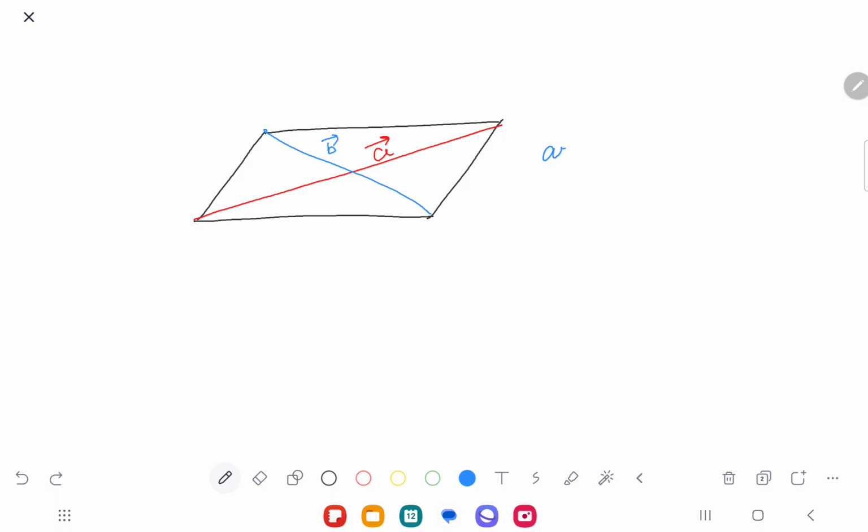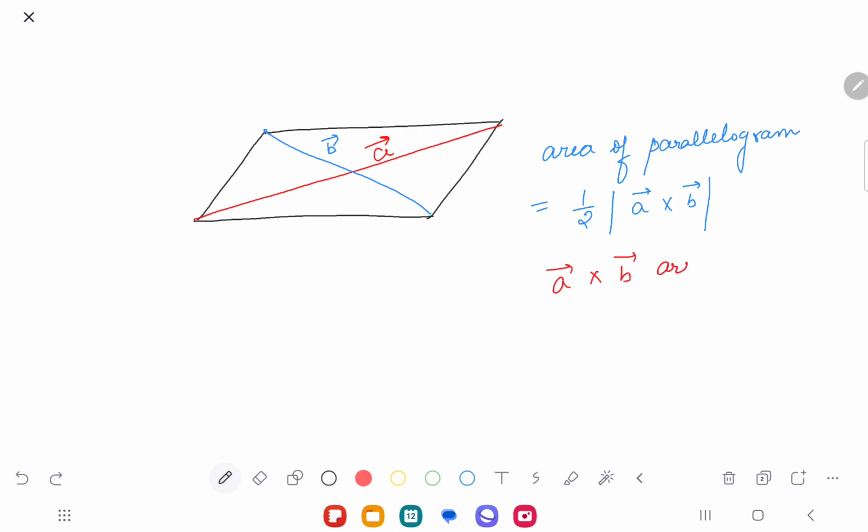Then the area of the parallelogram shall be half of A cross B, the same as the area of the triangle, but provided that A and B are the diagonals of the parallelogram.